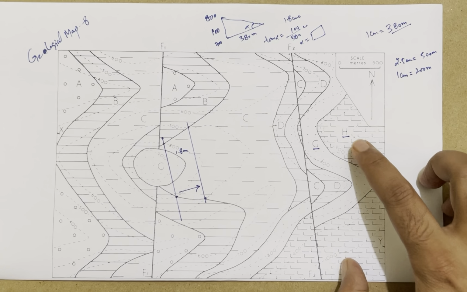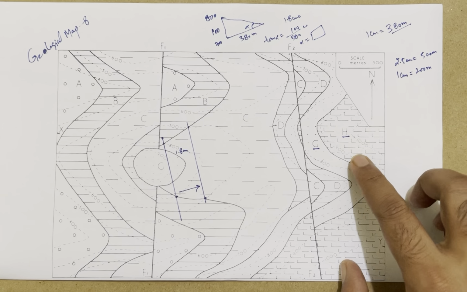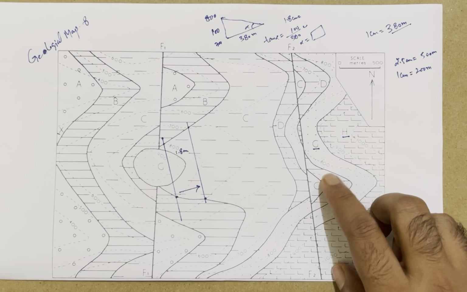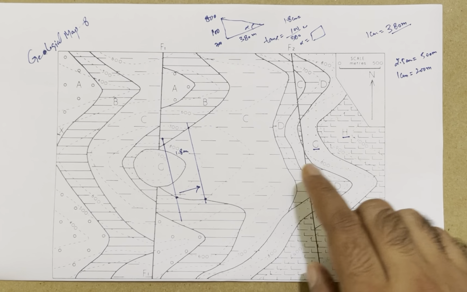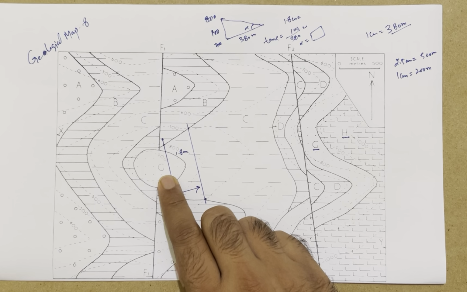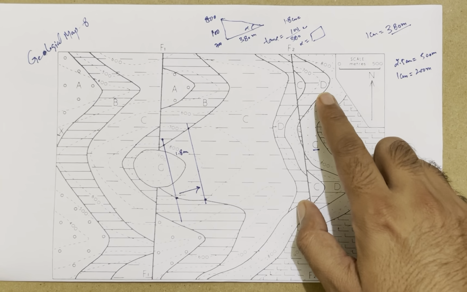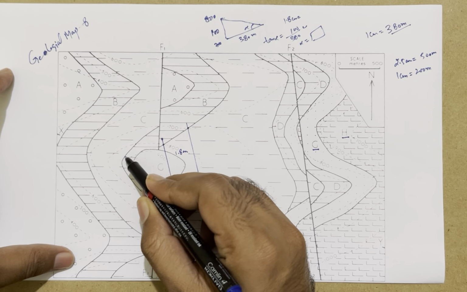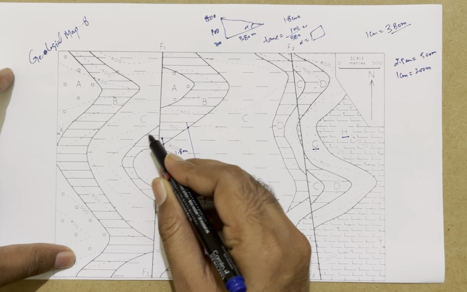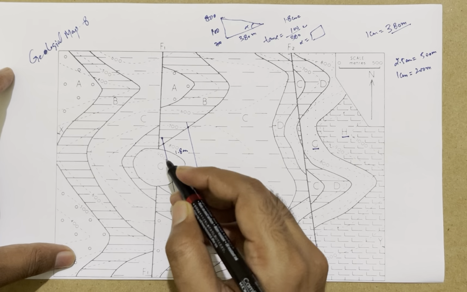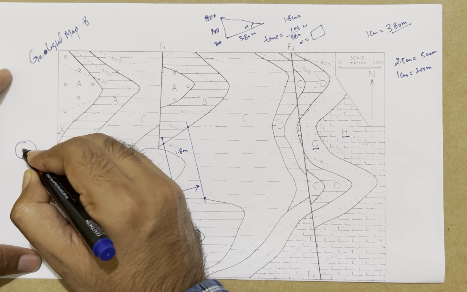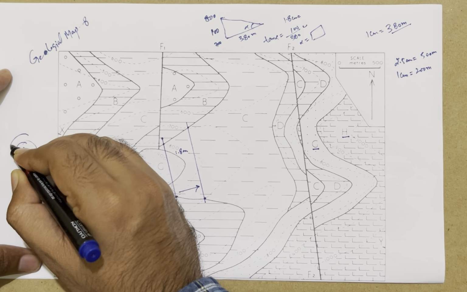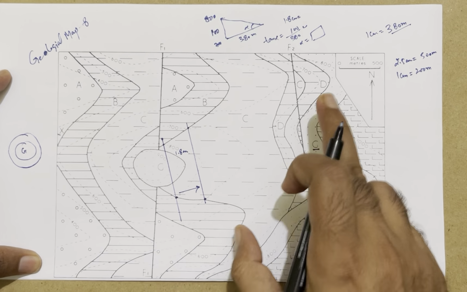H is lying at the 1000 meter contour, and G is lying between the 800 to 900 contour, and in the same way we have to find out here, the 900 contour. If D is horizontal, we'll get a rim that is surrounding G. If G is here and D is also horizontal.